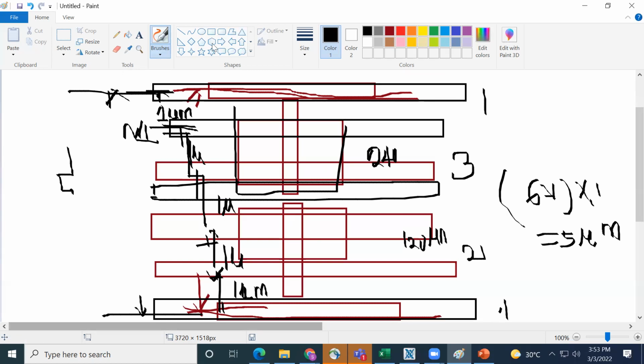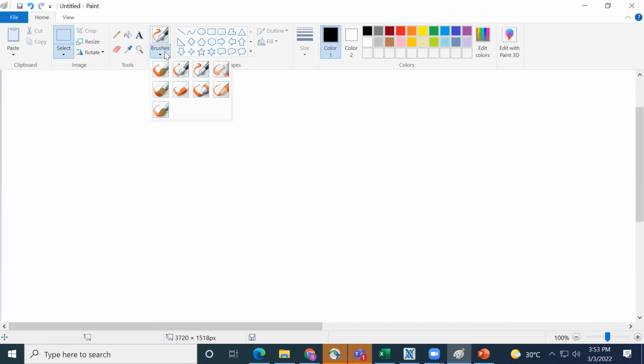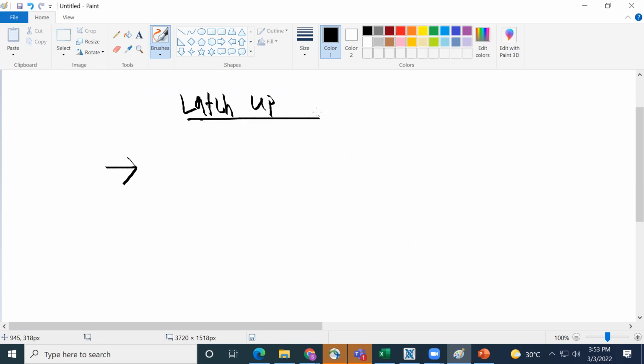Okay, we have only 7 minutes left, so I'll just give you the definition of latch up. Latch up: a short circuit path created between VDD and VSS.